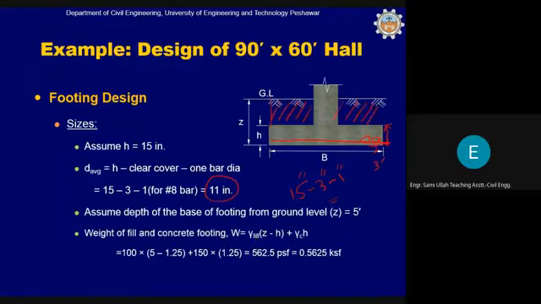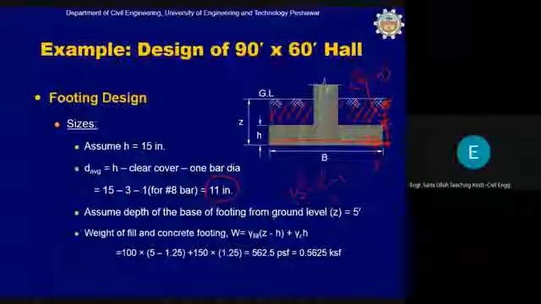Gamma fill means whatever fill material you want to use to backfill this part, because this total area would have been excavated in order to make this foundation. Once this foundation is completed with concrete, then this remaining part must be backfilled.